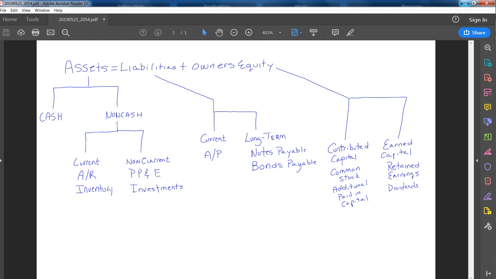So a couple of things to point out. One of the things you really need to know is when you're looking at accounting, and particularly when we're looking at accrual accounting, what's really important. On page 16 and 17, the authors go through the characteristics, assumptions, principles, and basis of accounting.